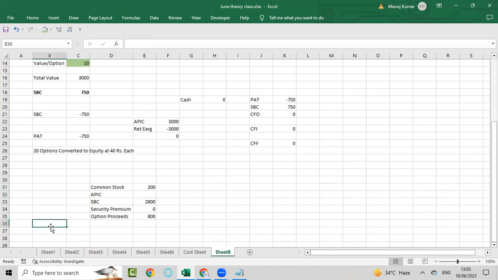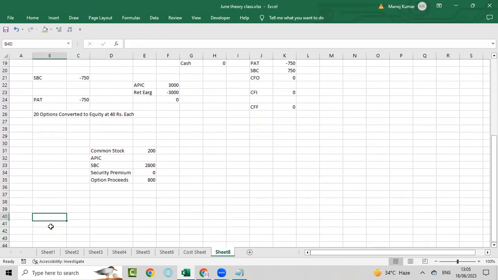Let's do it again next year. Next year we are doing again: 30 options converted at 60 rupees. So what will my common stock be now? 200 opening common stock plus 30 into 10. Clear? SBC, which was earlier 2800, minus 300.